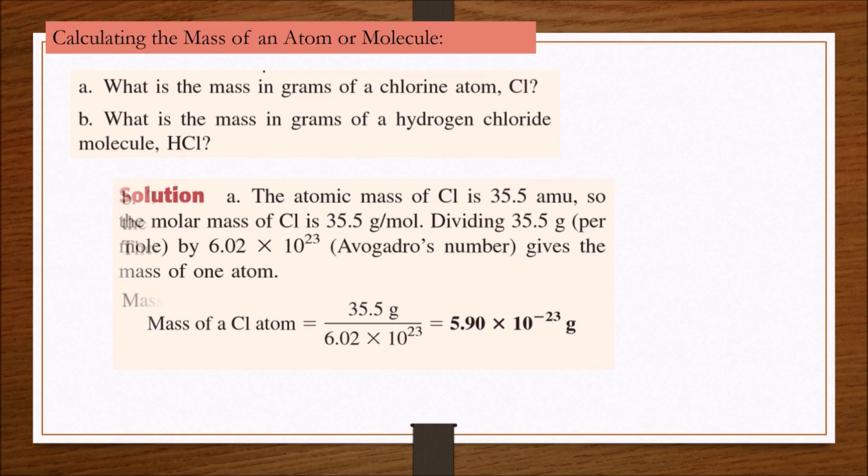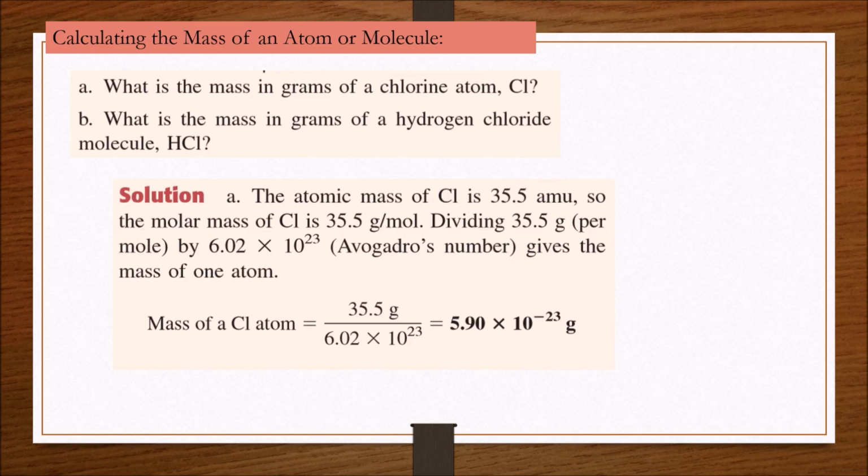The atomic mass of a chlorine atom is 35.5 AMU, so the molar mass of chlorine is 35.5 grams per mole. Now we divide 35.5 grams per mole by 6.02 times 10 to the 23, our Avogadro's number, which I want to specify is unitless.